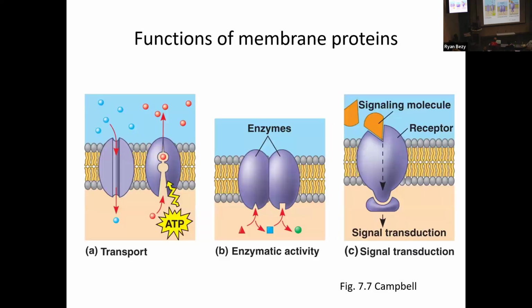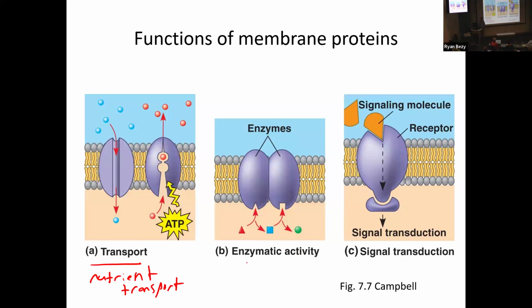Membrane proteins have some different functions. So, what are some different functions? Sometimes it's transport, and usually here we're talking about nutrient transport. And we will talk about examples of this. So one particular function of some membrane proteins is transport or nutrient transport. They bring stuff the cell wants into the cell.